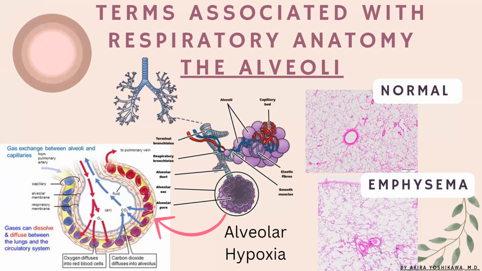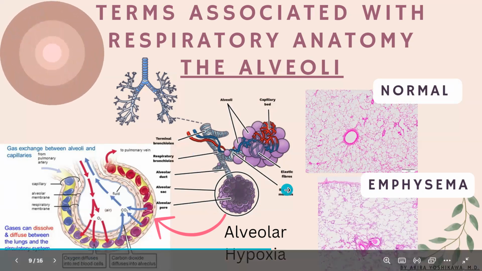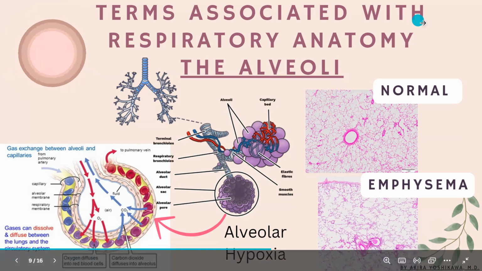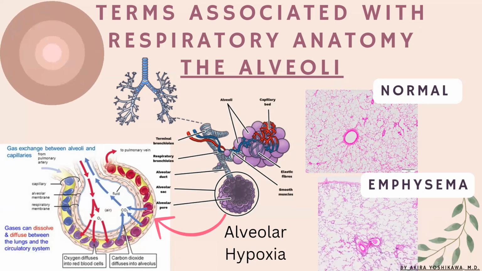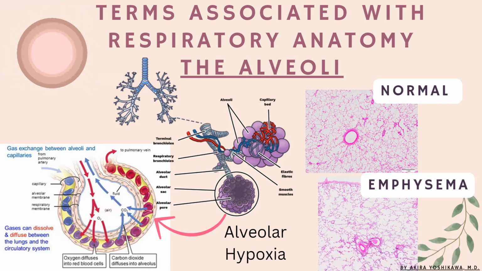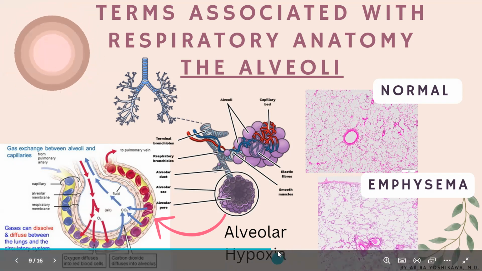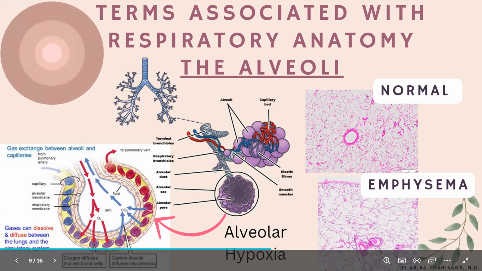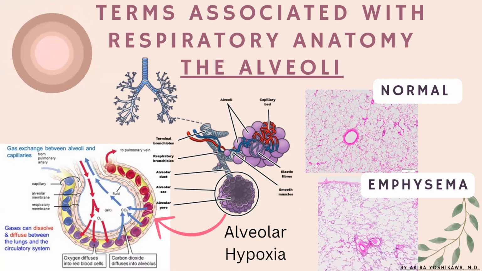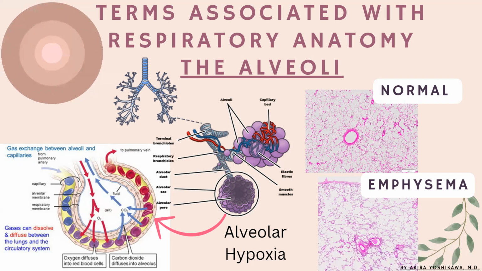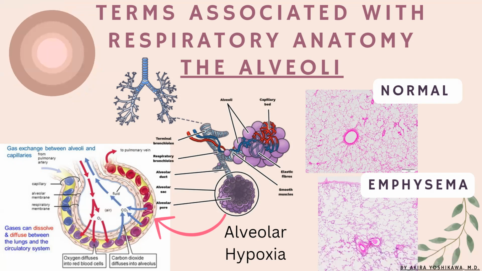So alveolar is just referring to the alveoli themselves. Hypoxia is our term for not enough oxygen in the body's tissues. So what suffix could I change out for our IA? If I left hypox and I took off IA, what new suffix could I add to make this specific to not enough oxygen in the bloodstream?